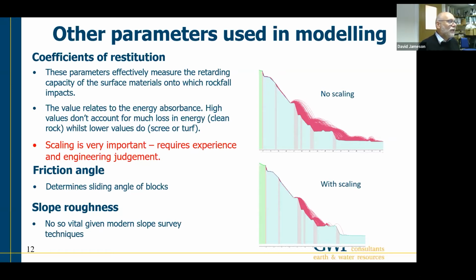And that comes with a bit of engineering experience, and where possible, if you've done some back analysis of the slope as well. Other things you need to put into your model are the friction angle of the material. When it starts to slide, does it actually slide or does it bounce? Other things you might have to look at is surface roughness, and this is something that you'll put into the older models.